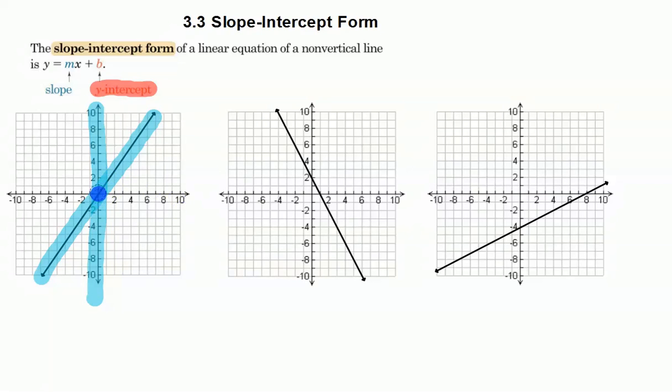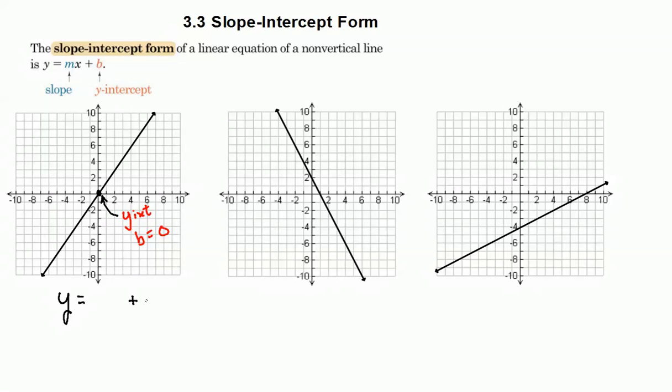So we're going to use that intersection as our B. So for this first example, we're going to go ahead and say that y is going to equal, and this point right here, that's going to be known as our y-intercept. And our y-intercept is known as B, so B is going to be 0. So we're going to go ahead and write down that B is going to be 0, so we'll just put here plus 0.